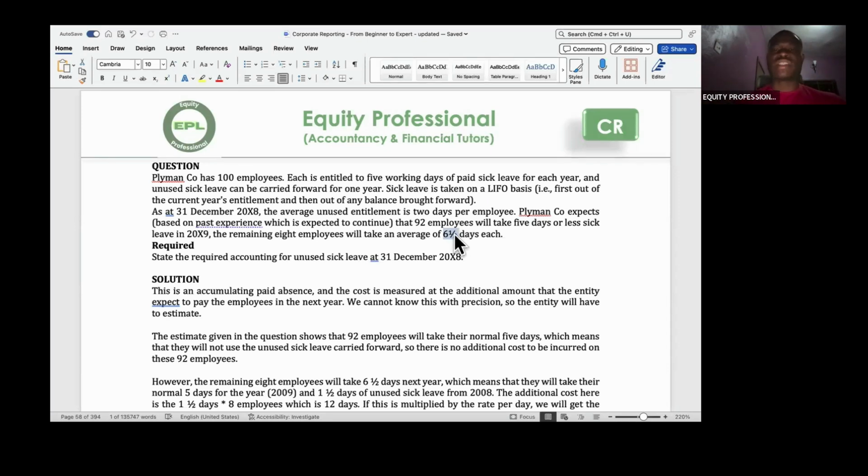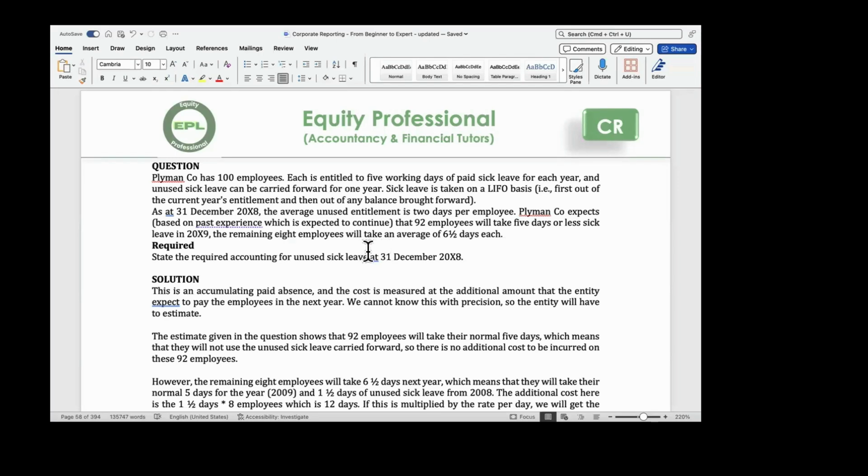So as far as this year is concerned, the additional cost is only 8 employees times 1.5, that's 12 days. So that's how we got that 1.5 days. Inyama, did I answer your question? Yes, sir. No problem.